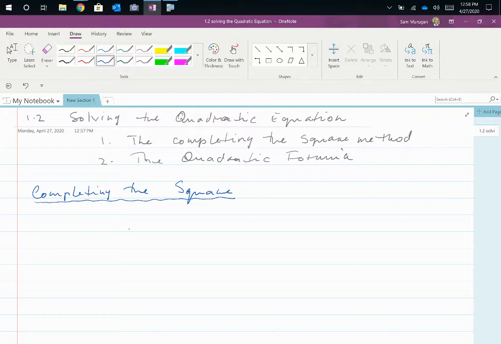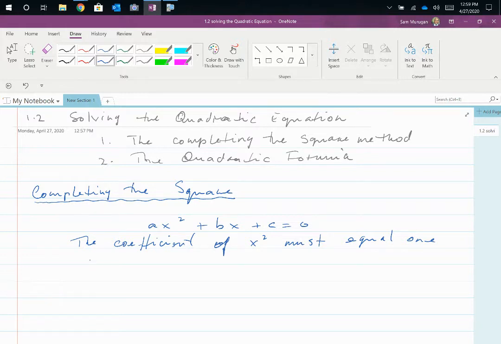This method, if we think about a quadratic equation, it's of the form ax squared plus bx plus c is equal to 0. What this method says is that first we would need to have a equal to 1, so the coefficient of x squared must equal 1.